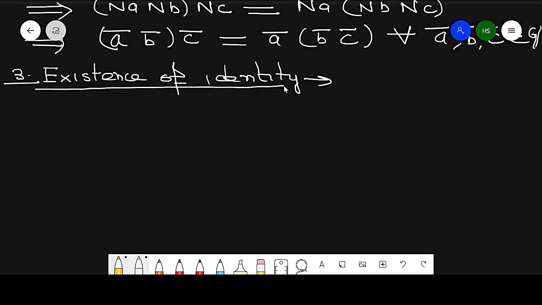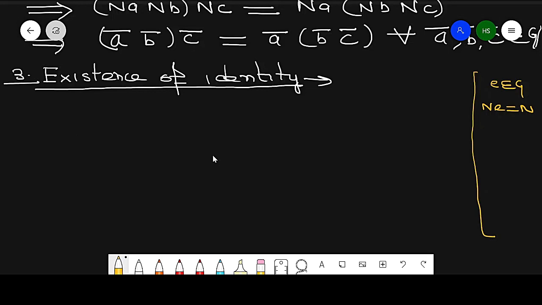It must satisfy the condition involving N and Na. Here the identity is N. Why? Just see that for G, the identity is e belonging to G. So what is Ne? Ne is N. So this element is the identity of G/N.